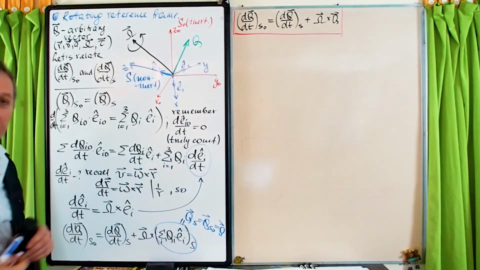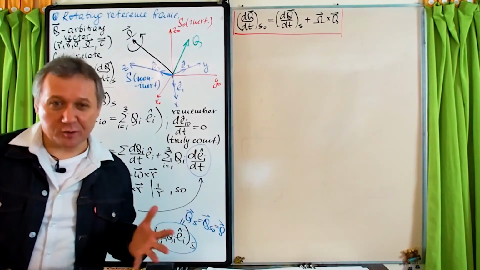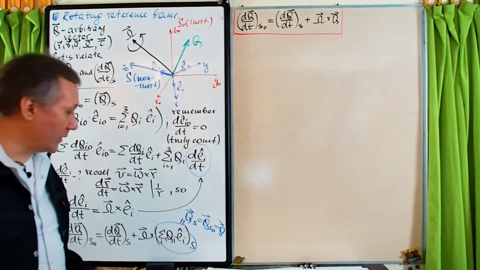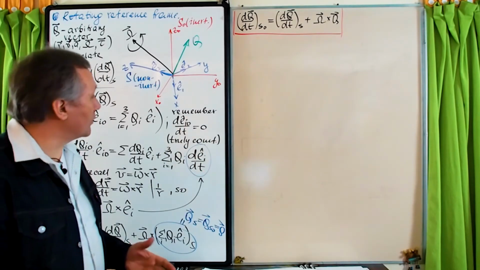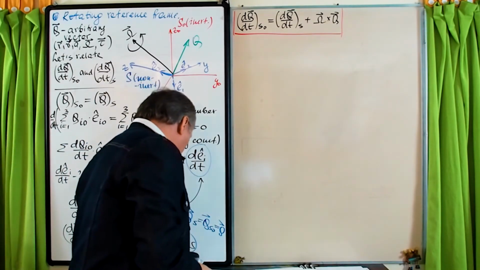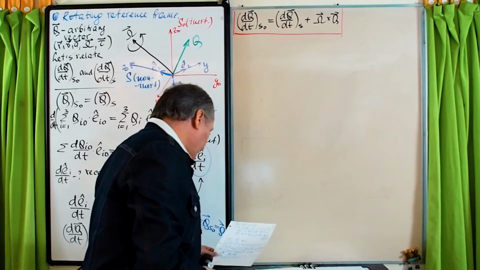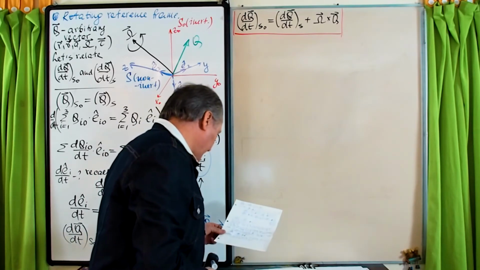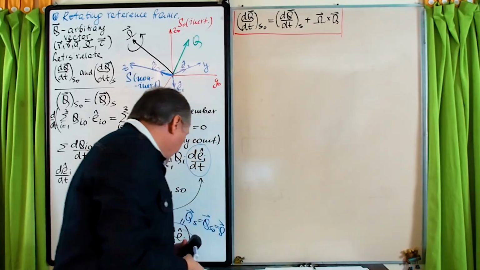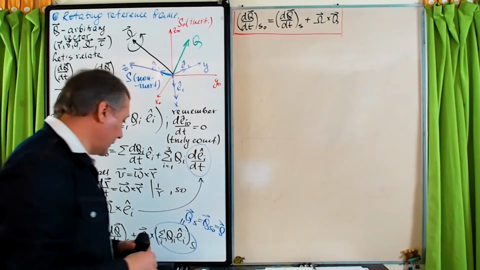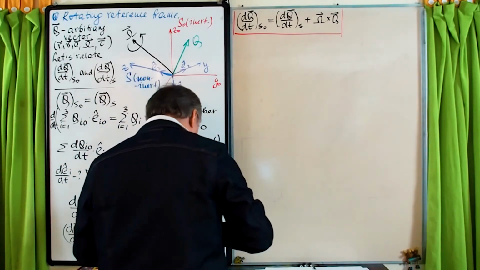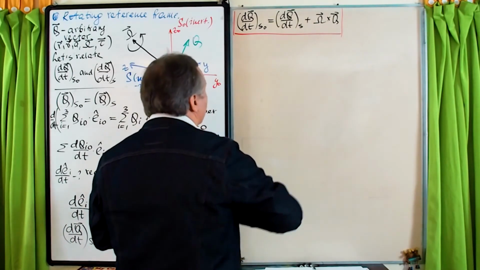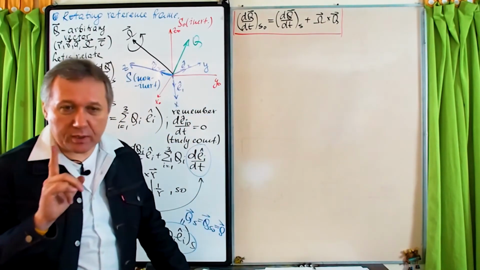And now we're ready to actually start rewriting Newton's second law, because we know how we can make transformation of time derivatives. So let me check if I mention everything. Yeah, it's enough. So now finally let's rewrite Newton's second law. And we're going to make one simple assumption.